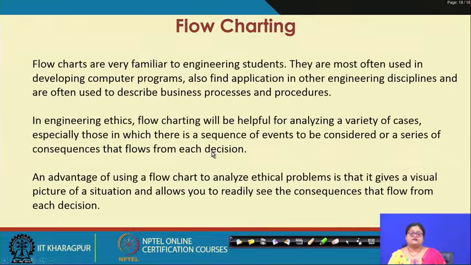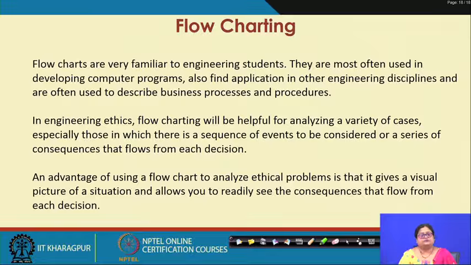Next technique is called flow charting. Flow charts are very familiar to engineering students. They are most often used in developing computer programs, also find application in other engineering situations and disciplines, and are often used to describe business processes and procedures.